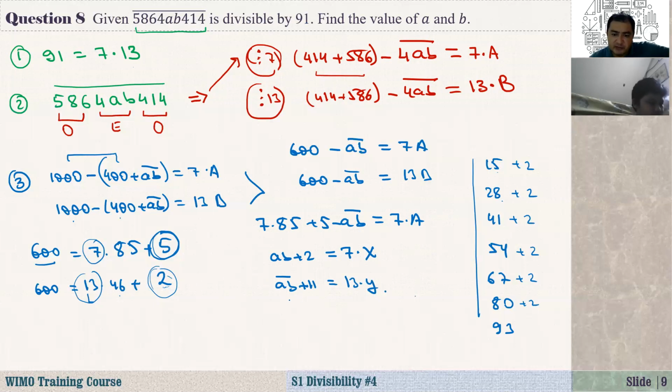So if you add 11 to these numbers, what are they? It is 2, 15, 28, okay. And when you add 2, it should be divisible by 7. 17, no. 29, 30, no. 43, and 56, 69.